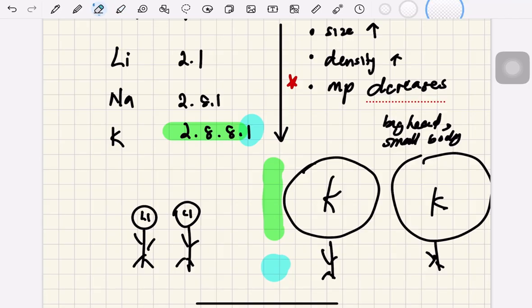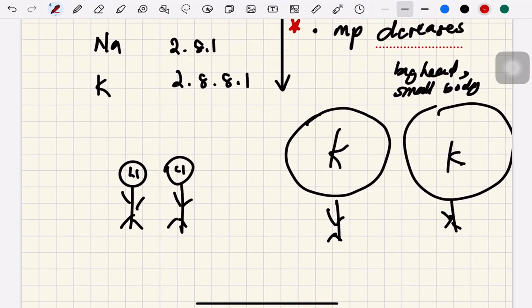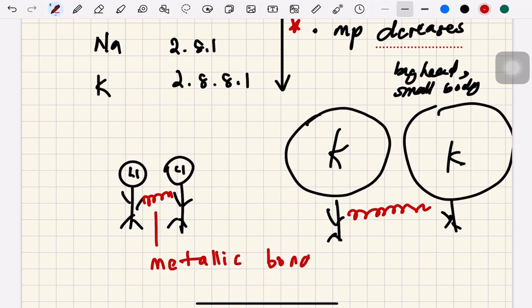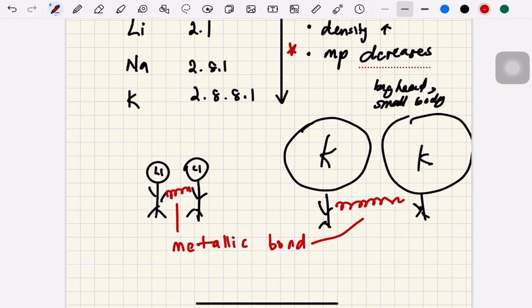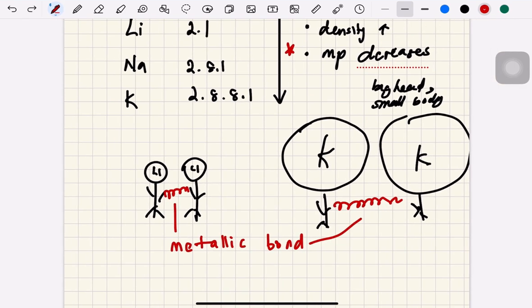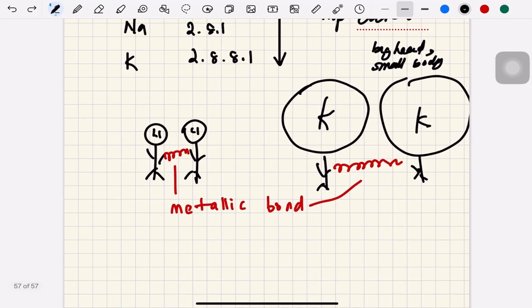Okay, now after you draw like that, think about what the bond is. So the thing that is holding them is what we call a metallic bond. Okay, metallic bond.